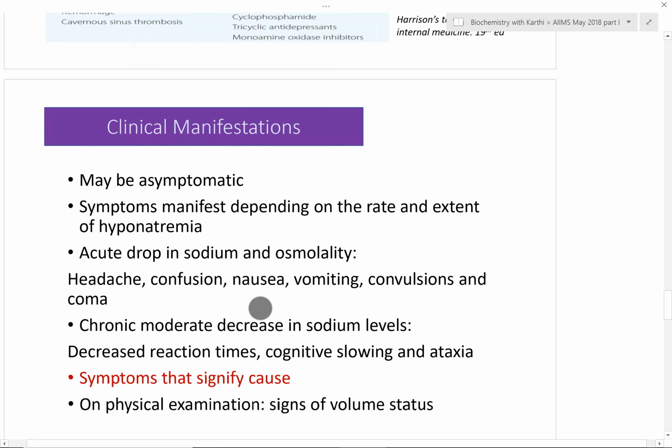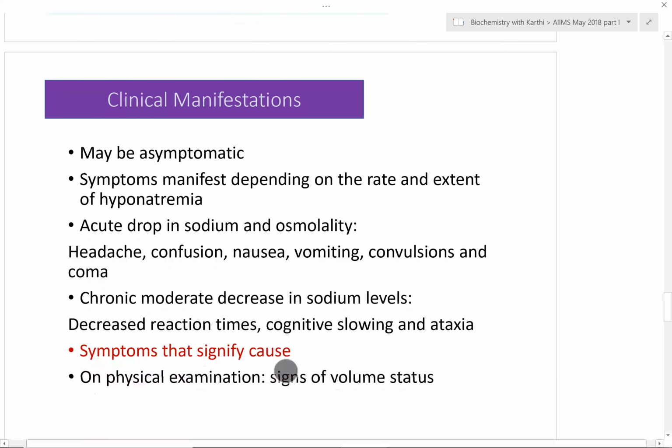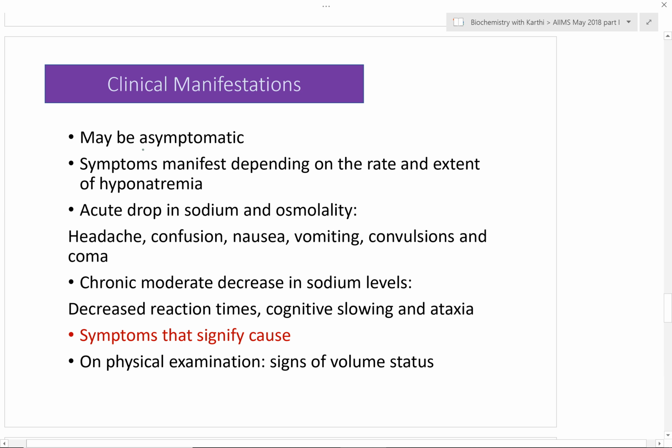Let's move on to the clinical manifestations. It's been seen that patients might be asymptomatic, or they might present with symptoms depending on how fast the ADH is rising and how fast the sodium is falling or how much the sodium is falling.